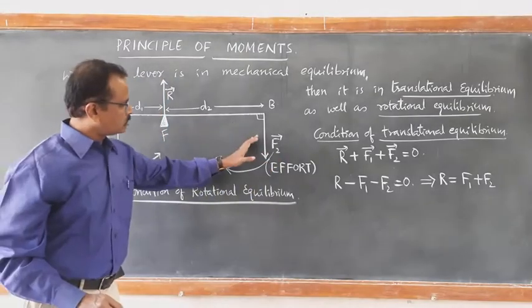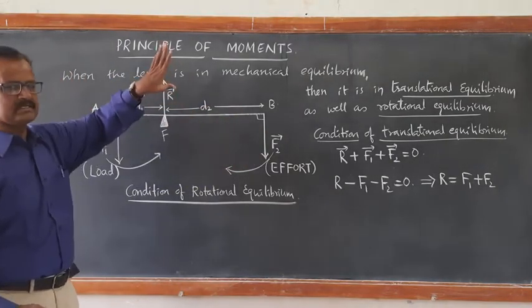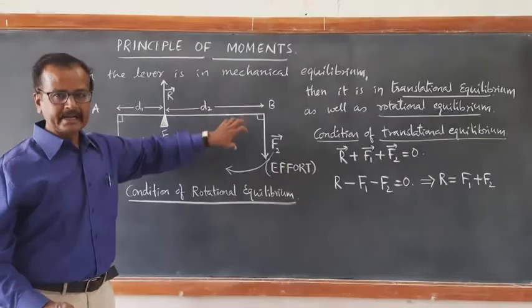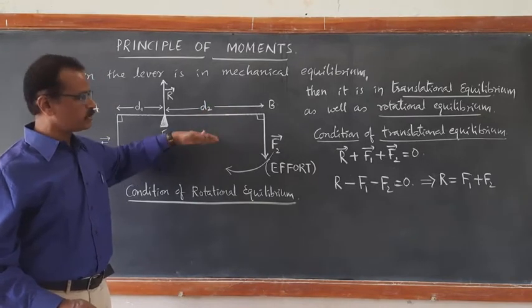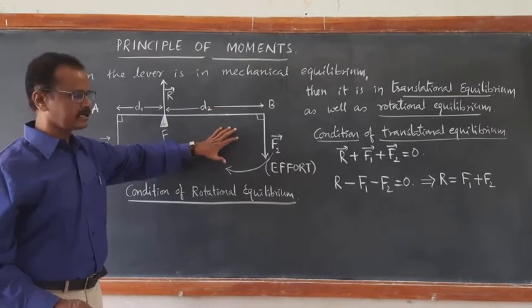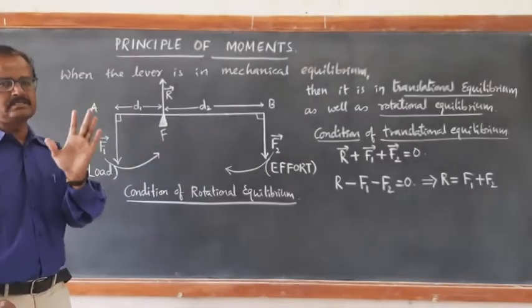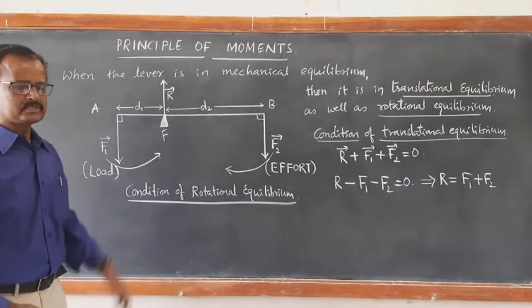So the torque due to F2 is tending to rotate it in the clockwise sense, so that torque we are taking as negative. So the moment of force which is tending to rotate in the clockwise sense is taken negative, and the moment which is tending to rotate in the anti-clockwise sense is taken positive. This is our sign convention.